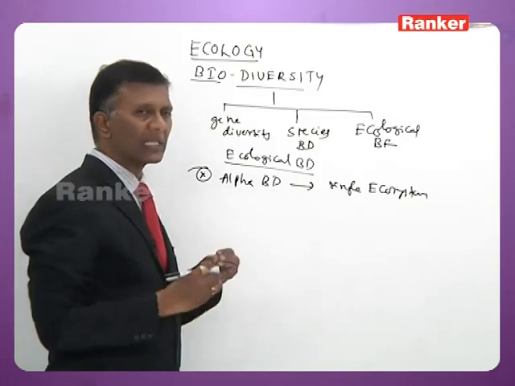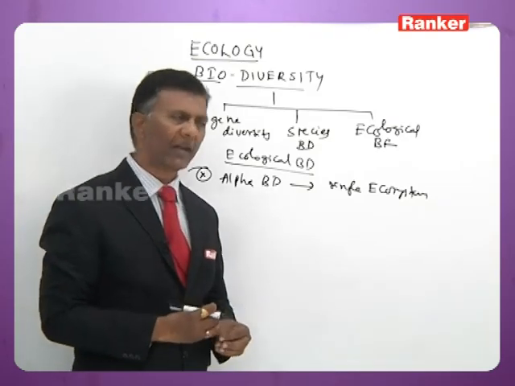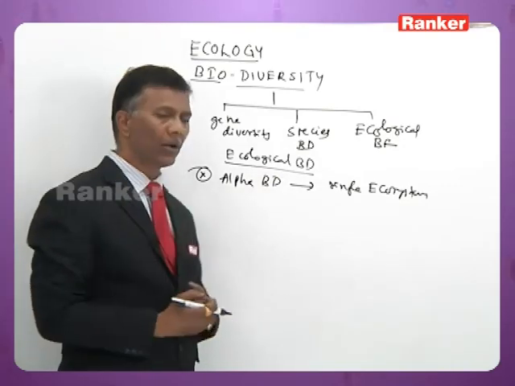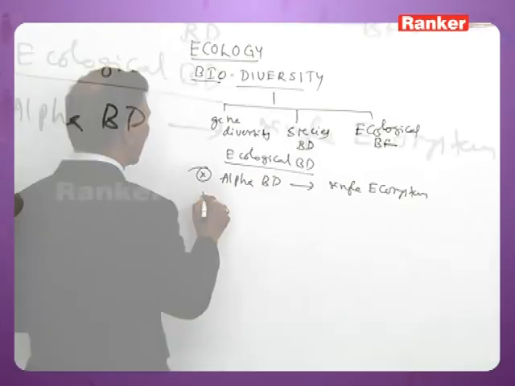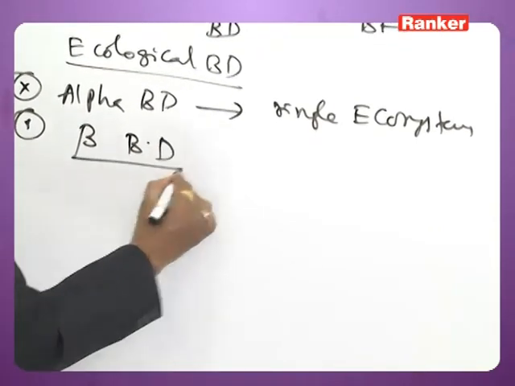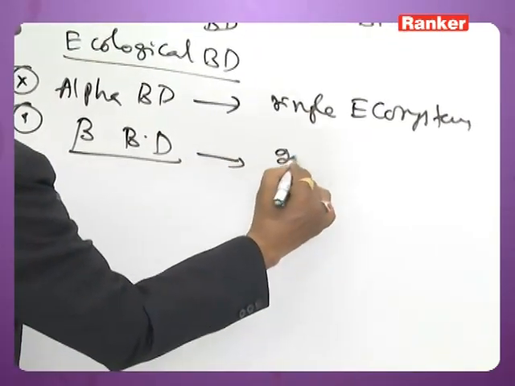Diversity of the species, that is species richness and species evenness, when you take into account a single ecosystem, can be called alpha biodiversity.